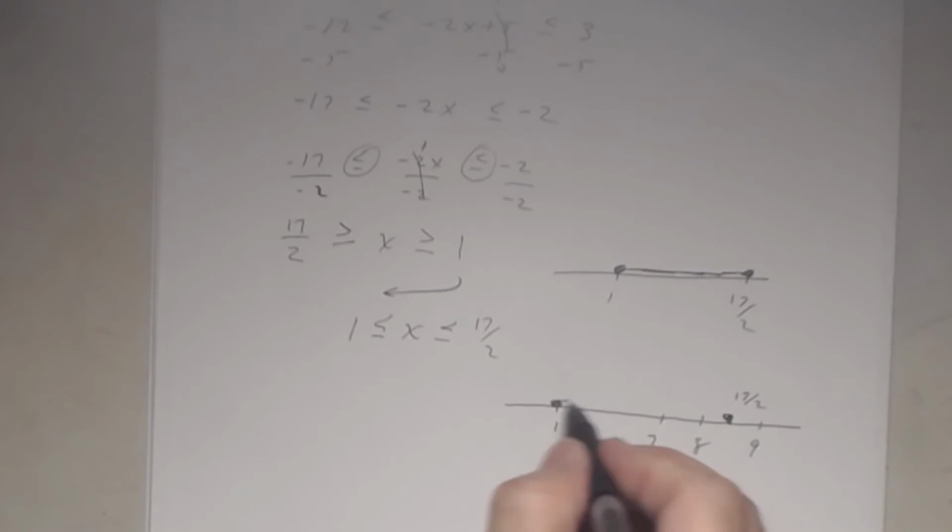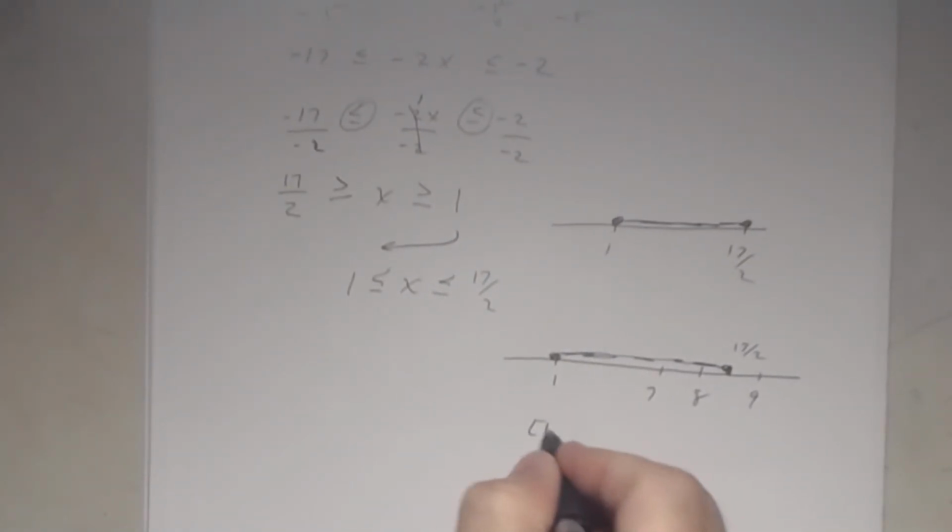How do you know where 17/2 is located? Yeah, just use your calculator. What's 17 divided by 2 in your calculator? 8.5, right? So 17/2 is in the middle of 8 and 9. So here's 17/2, closed circle, and I shade in everything between them.